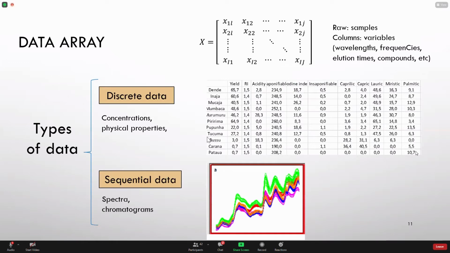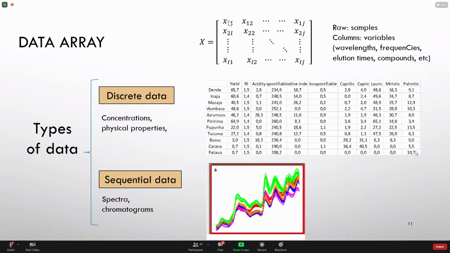Then I need to array my data, and the data is arrayed in a matrix where the rows correspond to the samples. Each sample is a row, and the columns will be the variables: wavelength, frequency, elution time if it's chromatography, or maybe concentration. So I have a matrix.